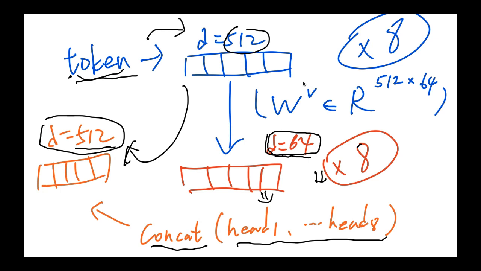So the life cycle is: the input is a 512 dimensional vector, and the output is still a 512 dimensional vector. But in the middle of the layer, you actually decompose it into 64 dimensional pieces and recombine them. Okay, that's just how it looks.